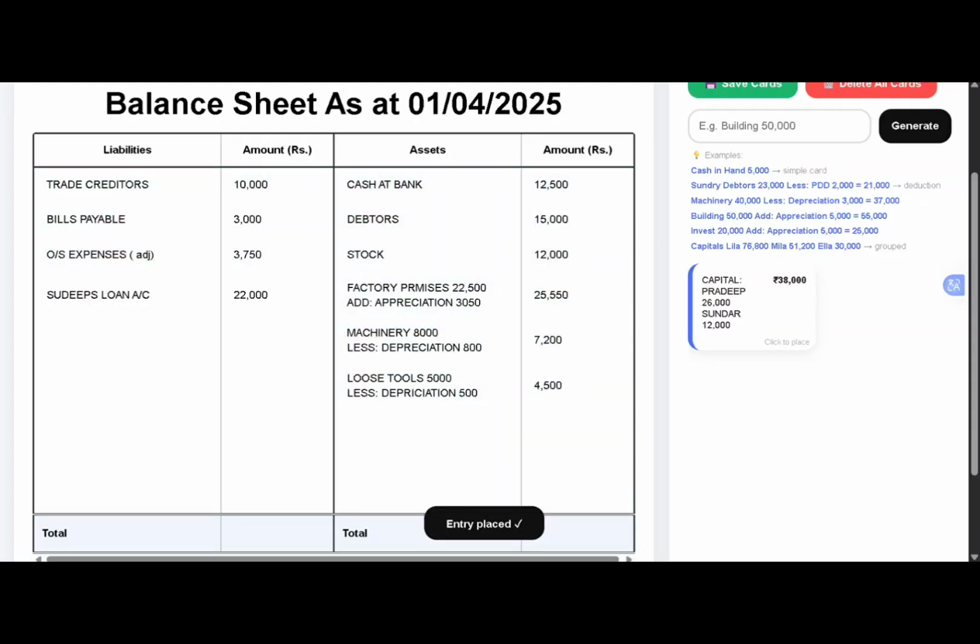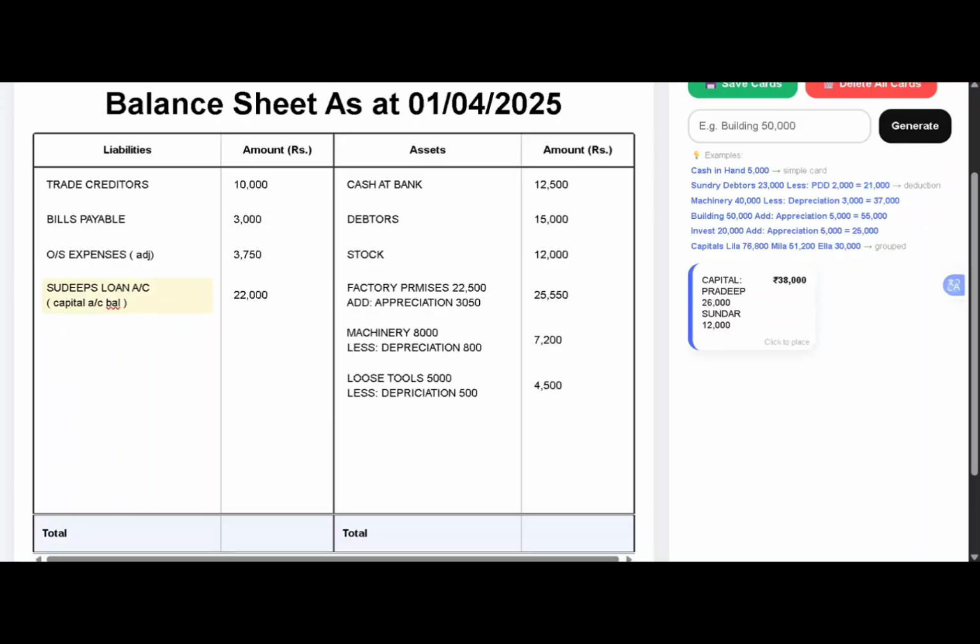We write it as Sudeep's loan account from the capital account balance. This is the capital account balance. So we are going to bring it down as the liability since it has not been settled to the partner. So Sudeep's loan account will be 22,000.